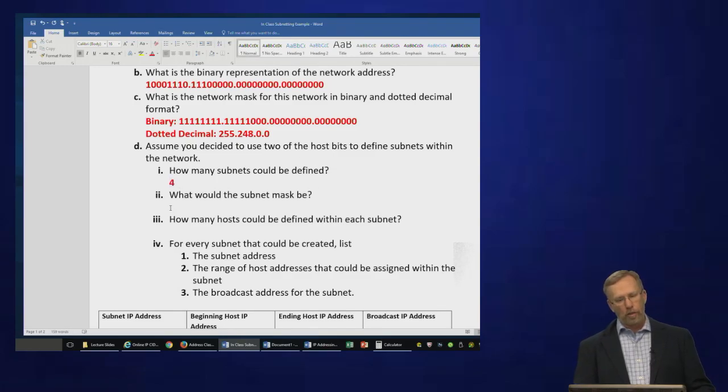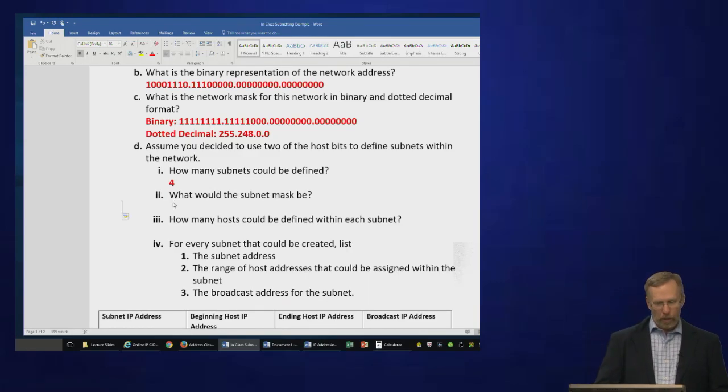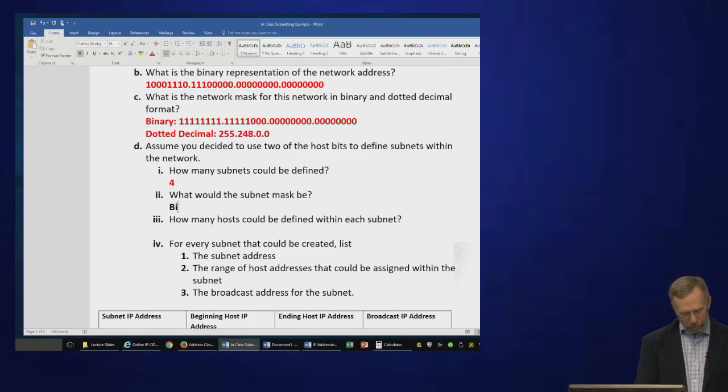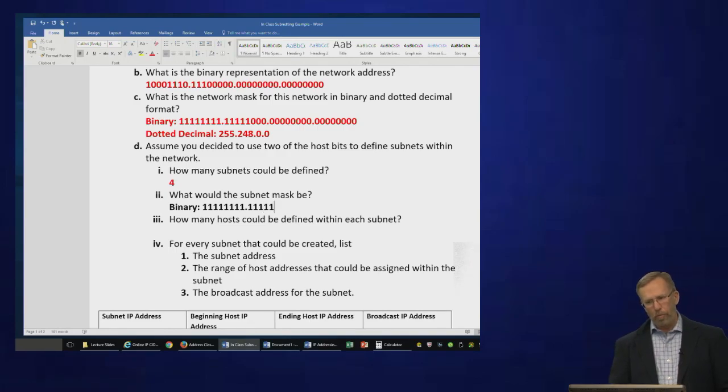What would the net mask be? And I'm going to do this one in binary first. It's going to start off the same as we had above, but then we're adding 2 more bits.